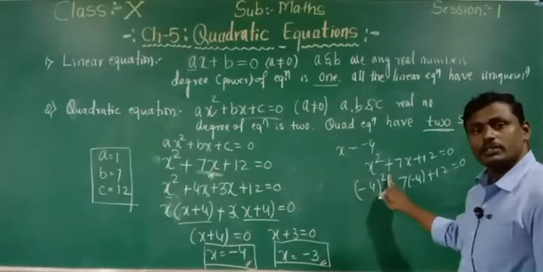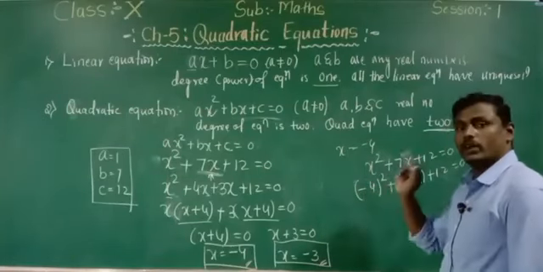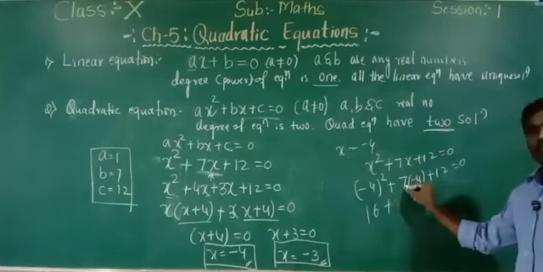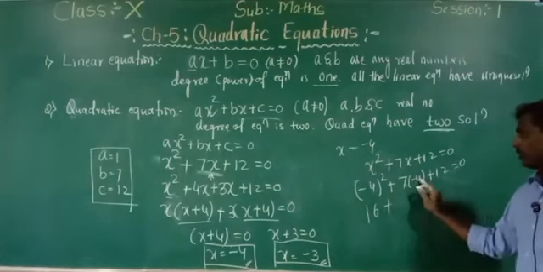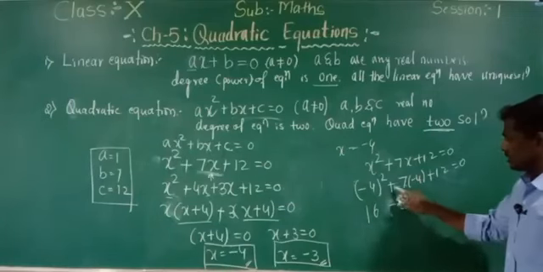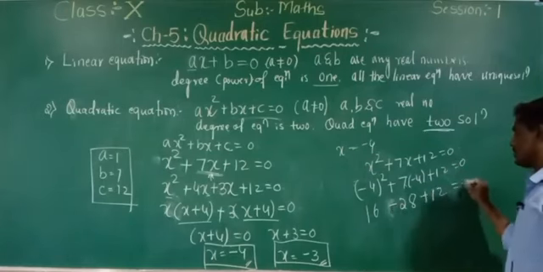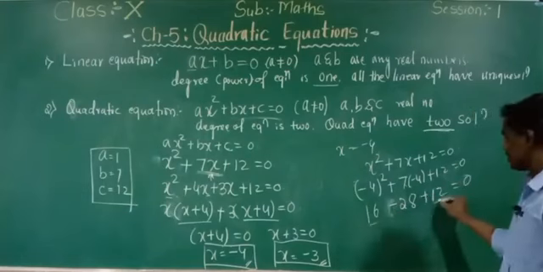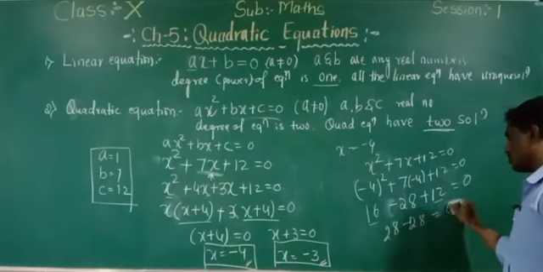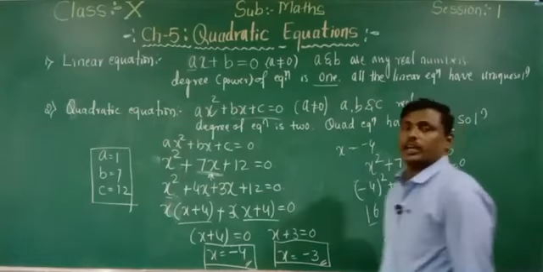Minus 4 square means you need to multiply minus 4 two times: minus into minus, plus, 4 4s are 16. Plus 7 4s are 28, and plus into minus is minus, so I am writing minus 28, plus 12 is equal to 0. First add the positive values: plus 16 and plus 12 becomes 28, minus 28, which is equal to 0. Plus 28 and minus 28 get cancelled, remaining 0. So LHS is equal to RHS.